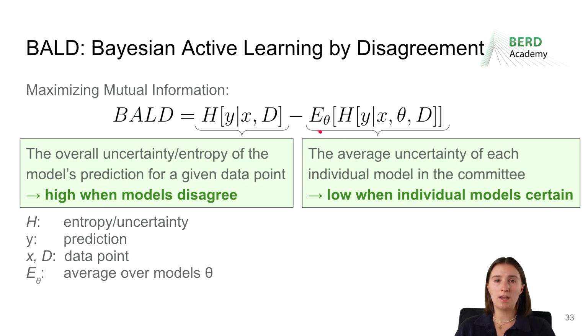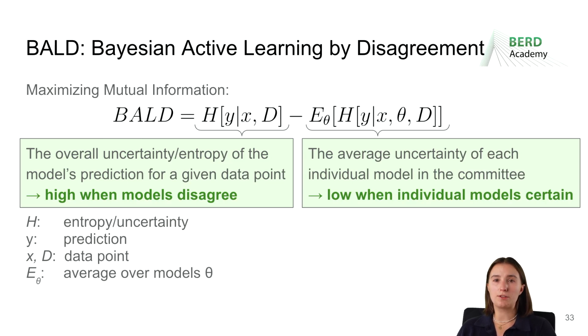So the expectation over the models of the entropy, H or eta, of our prediction given the data point and all the models. And this average uncertainty should be low to maximize our BALD score, and it is low when our individual models are certain.